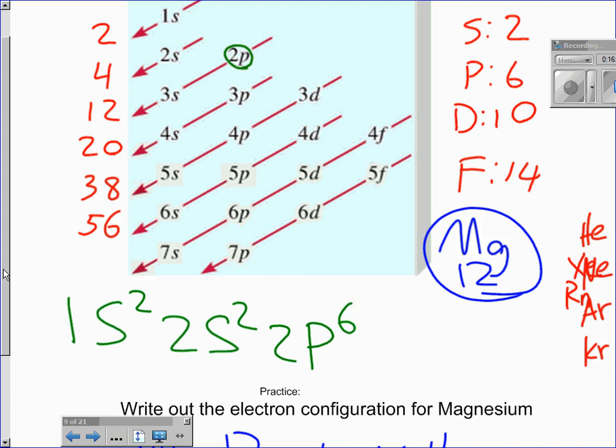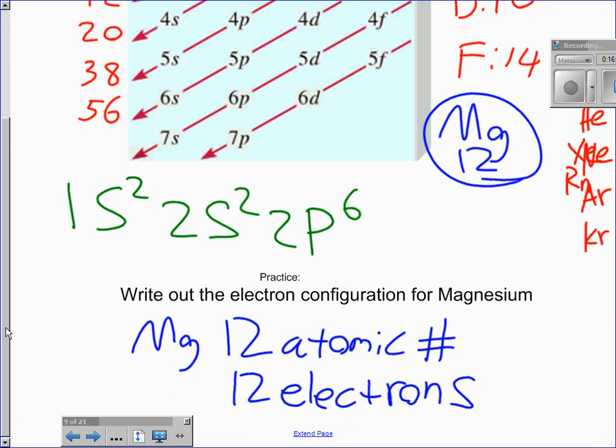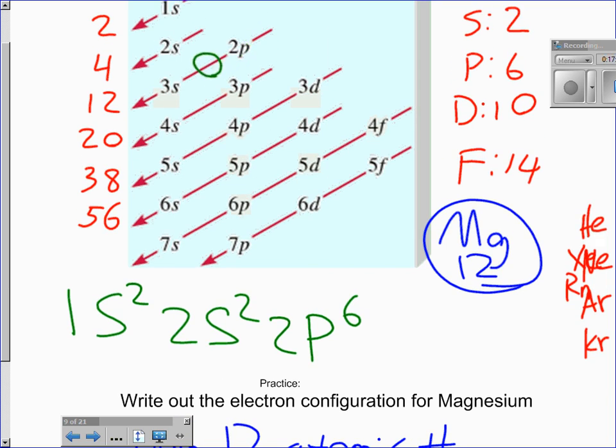So far, let's count up the electrons. We have 2 plus 2, that's 4. Plus 6 more, that's 10. We need to get up to, if you recall, 12 electrons. So let's keep going. After 2p comes 3s. So let's write a 3s.